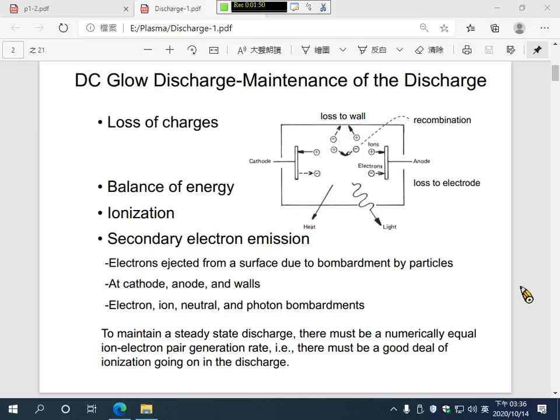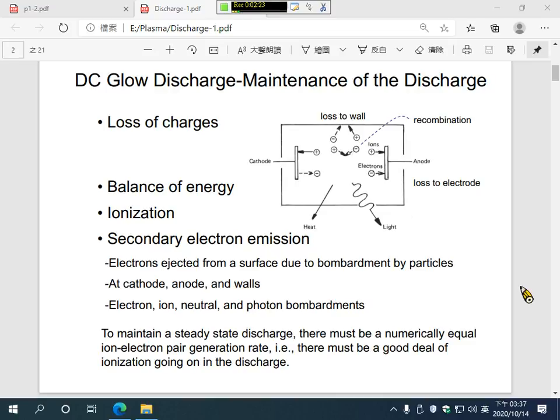And in this chapter, Chapman analyzed the discharge in more detail and tried to find out in the actual system what are the most important factors for stable DC glow discharge. Okay, so in the first part, we have to consider the loss of charges.